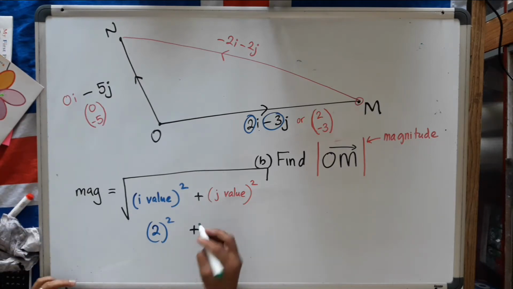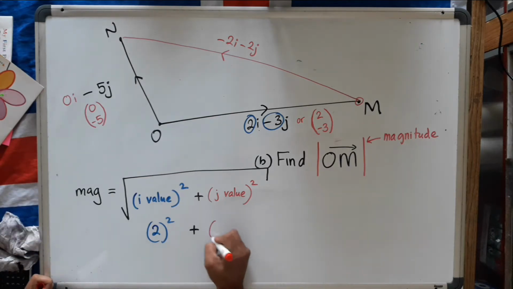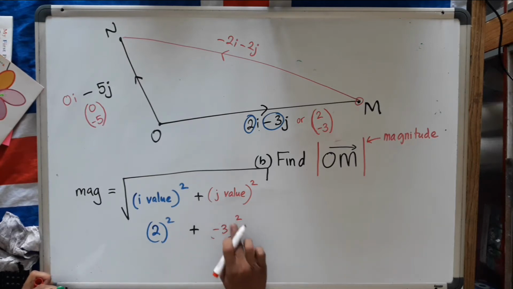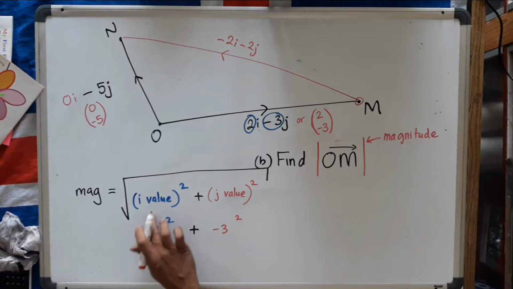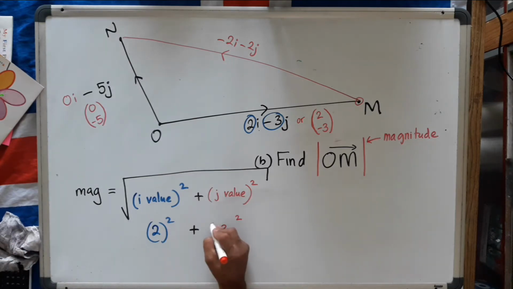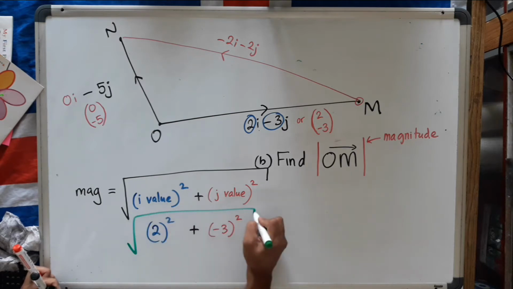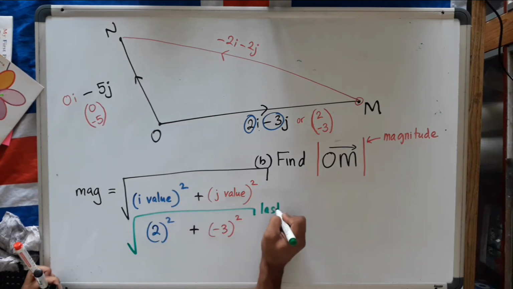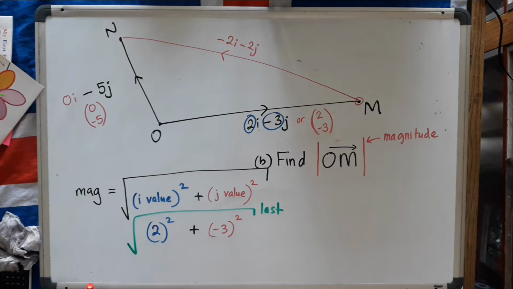What's the value of j? Minus 3. So in brackets, please put the minus 3 and then the squared outside. Follow the formula exactly. If my formula has brackets, please put it in brackets. And you square root last. Do not press that square root button first.